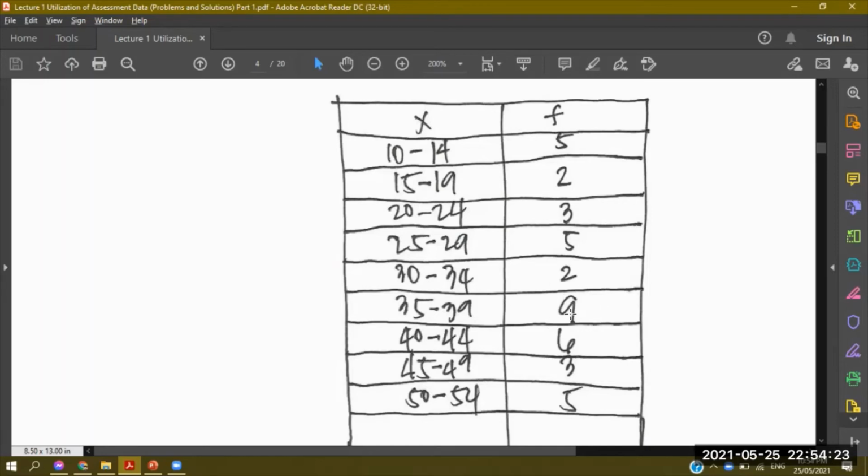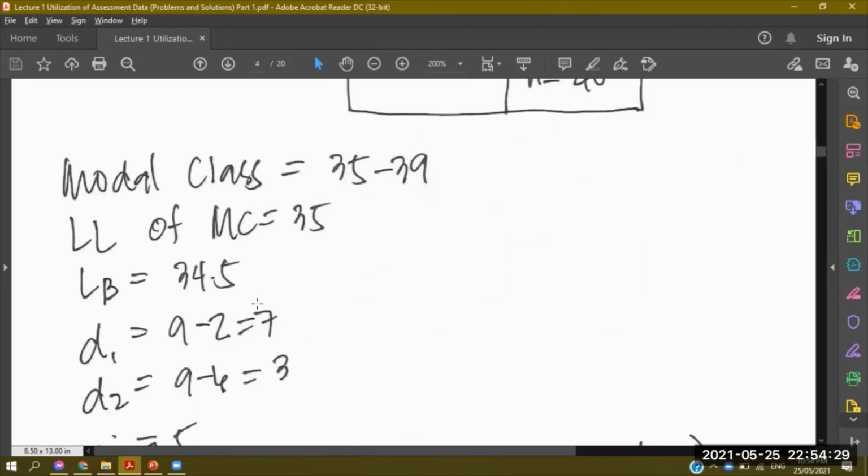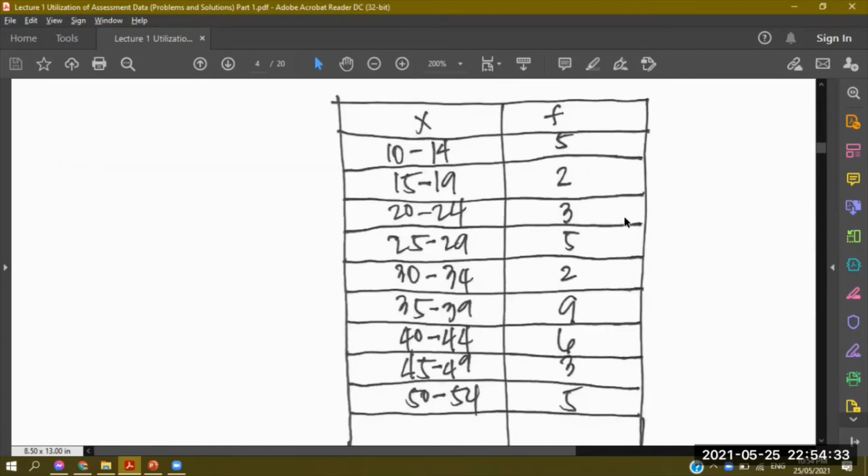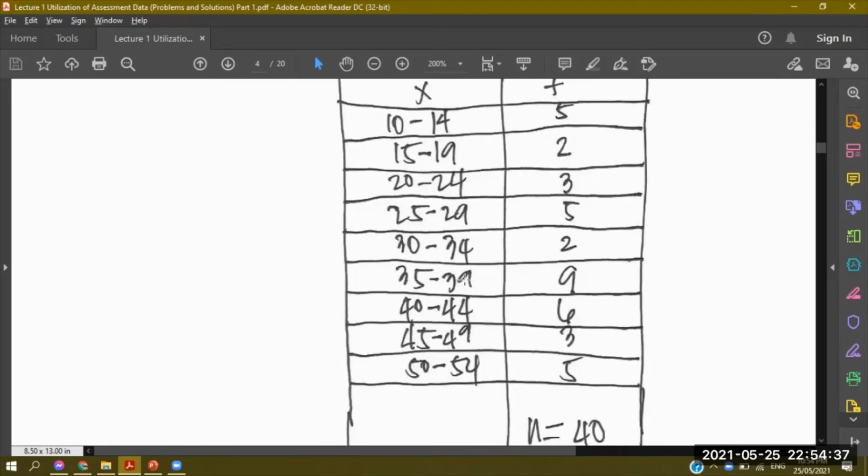What is the frequency above 9? It is 2. So we have 9 minus 2, that is why you have 7. Next, for D2, according to the rule, D2 is the difference between the frequency of the model class, again 35 to 39, the frequency of which is 9.